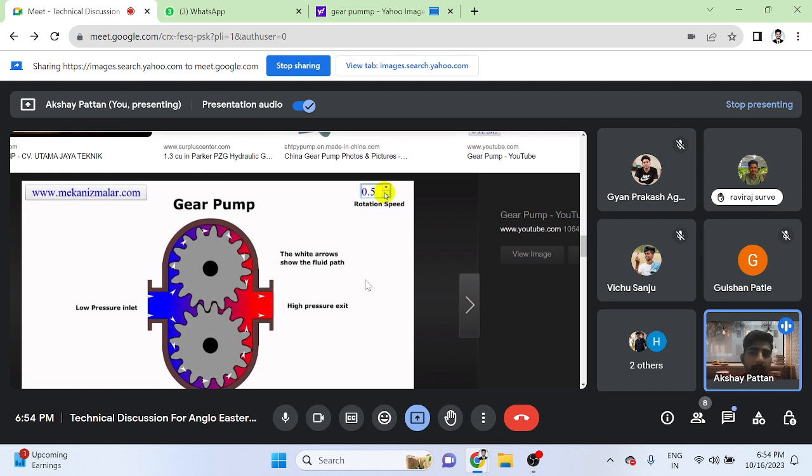As the gears unmesh and rotate, the fluid gets trapped inside the teeth of the gears, in the gap between two teeth. The fluid gets trapped there, and as the gear rotates, the fluid is forced towards the discharge side of the pump.